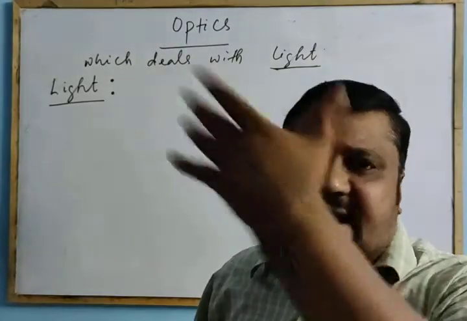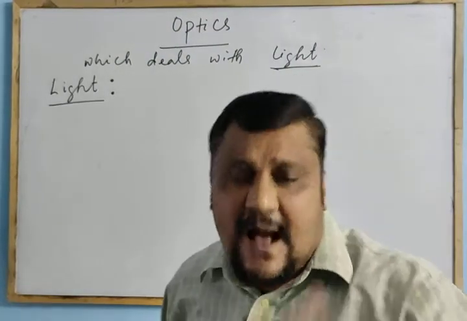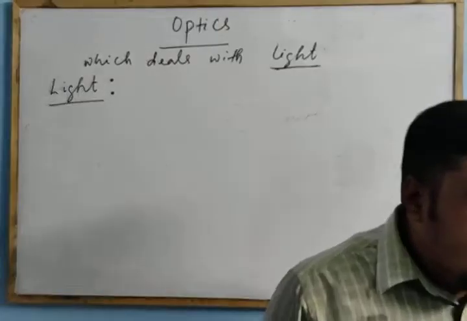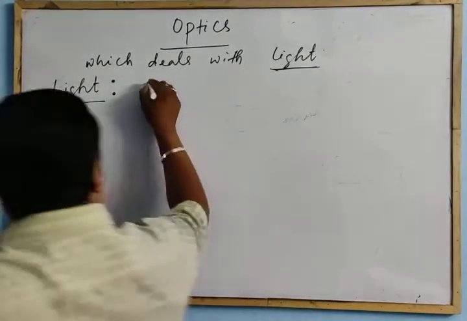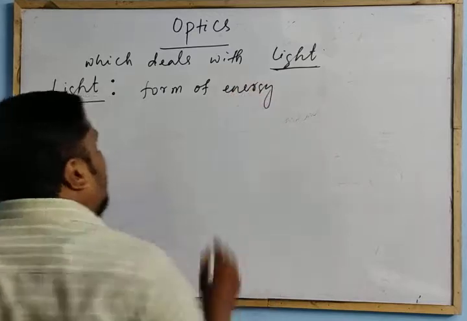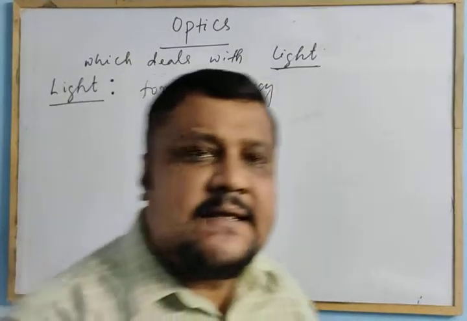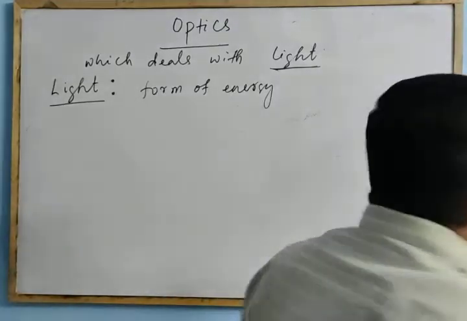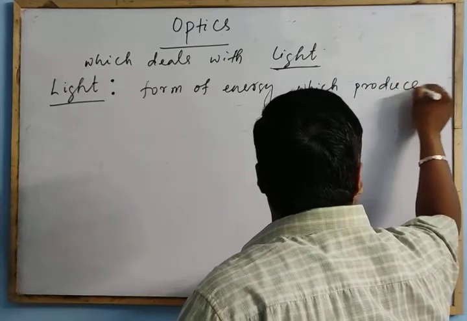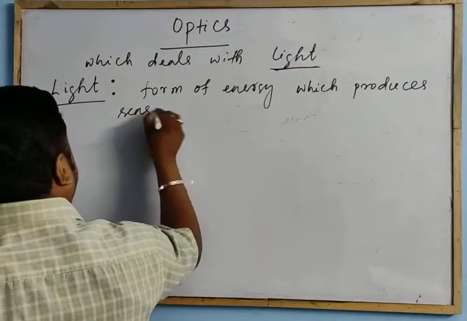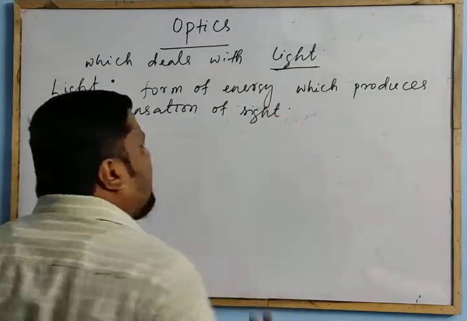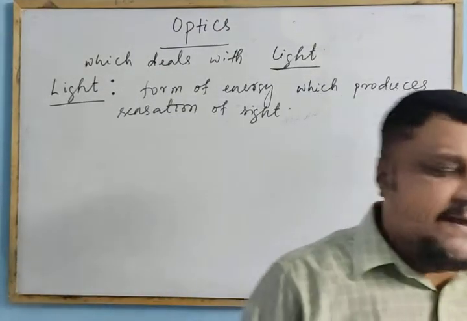If I close my eyes, I cannot see the object. So we can say light is a form of energy which produces the sensation of sight in us.